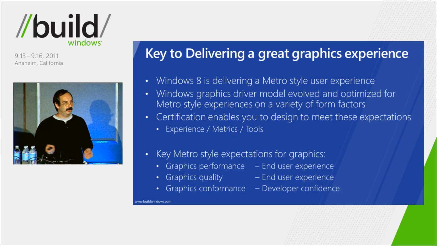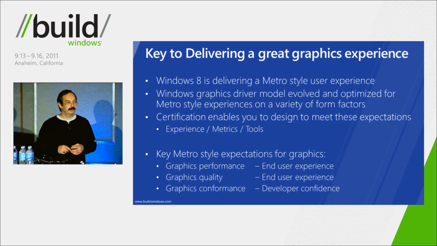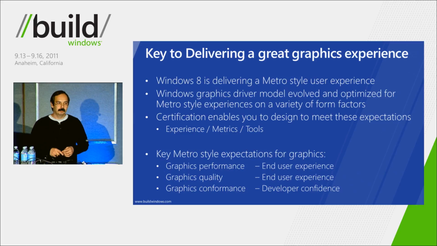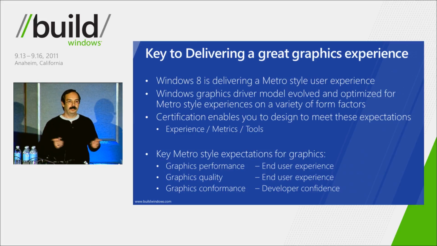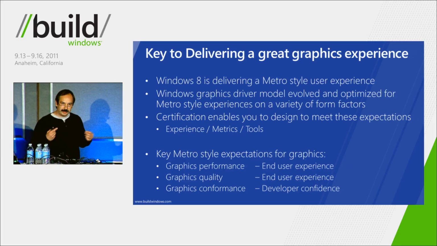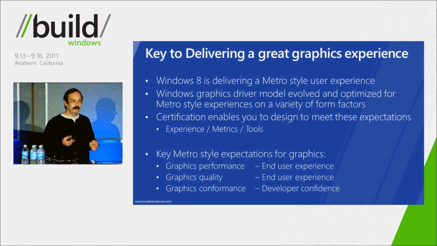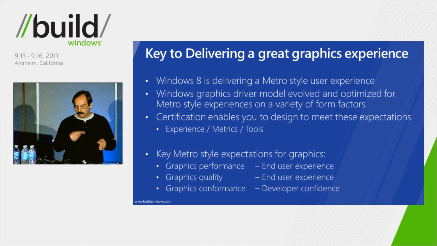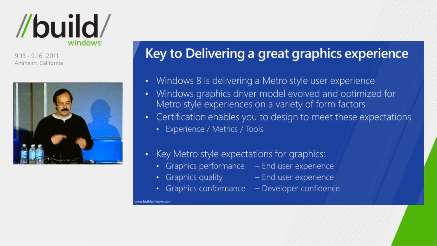So you may look at a failure and say, oh, gee, that failure is not really that important. That's just some edge case. Meanwhile, when you actually map it back to the original scenario, it may be something like, well, video doesn't play in Internet Explorer. That would be a bad thing if that happened. And we've had cases like that where you look at the failure and say, why does that really happen? So we've done a lot of work to try and make sure these things map very cleanly.